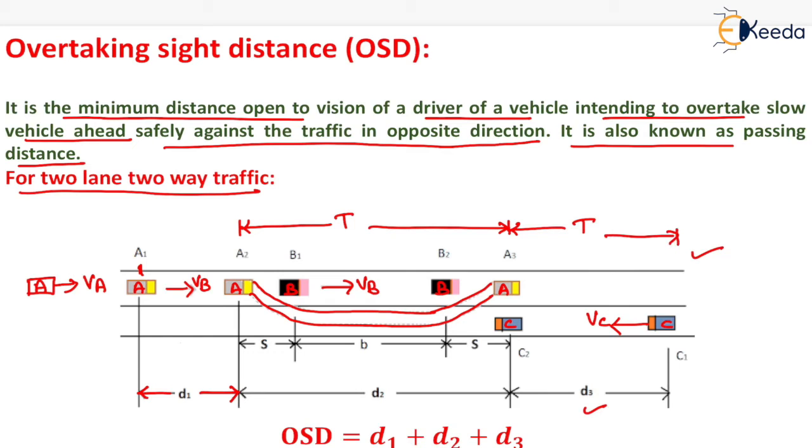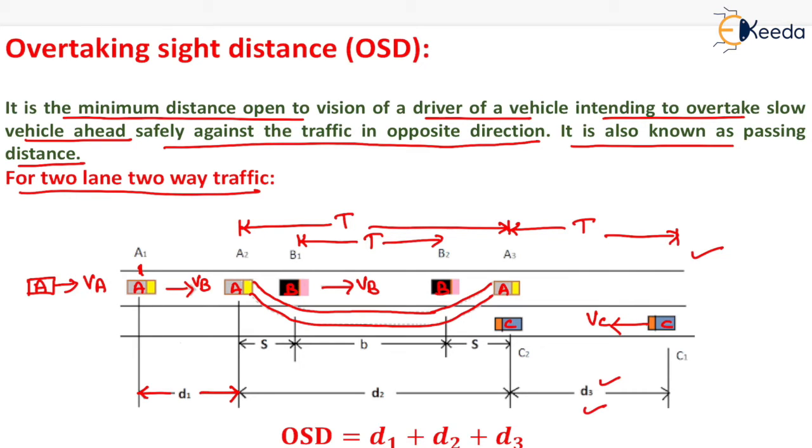For safe overtaking, the distance traveled by vehicle C must be D3 so that it will not collide with vehicle A. During this time T, the slow moving vehicle will travel from B1 to B2 only, with the slower velocity VB.